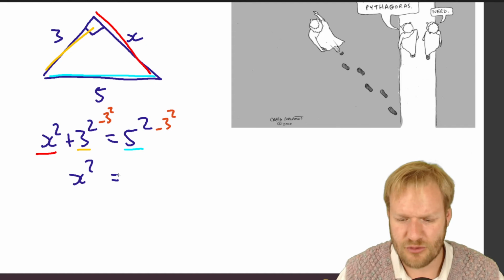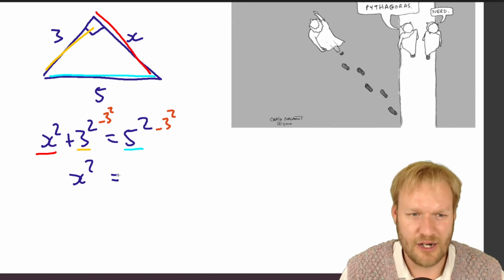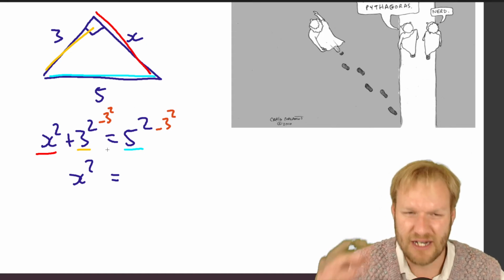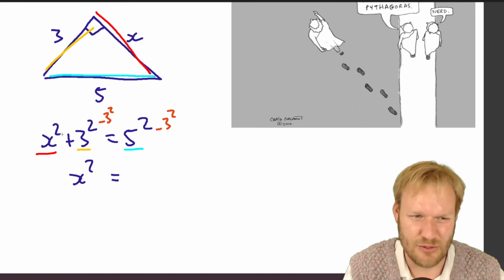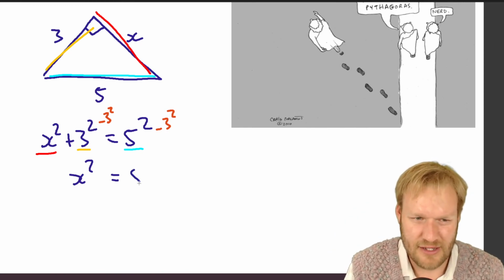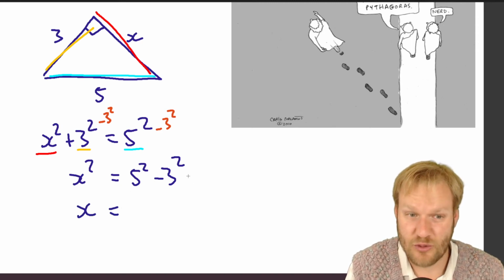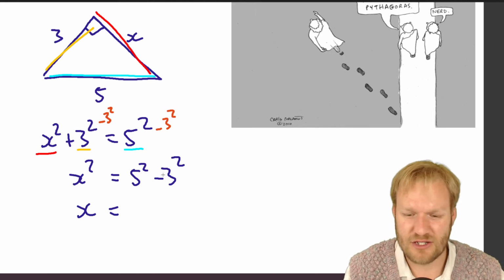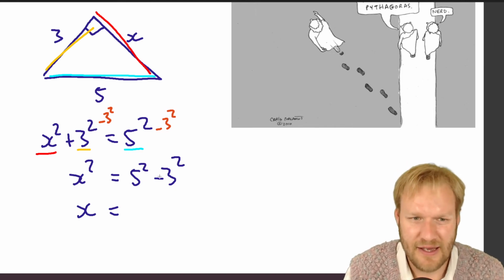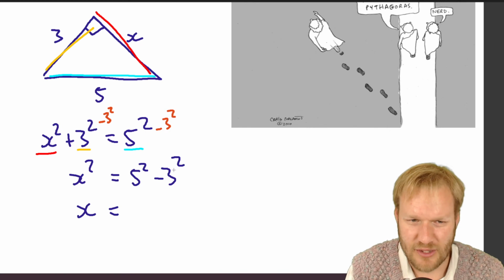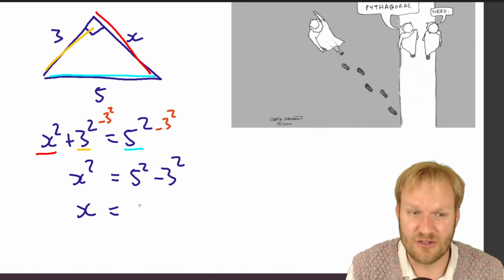As we're doing this, we're also going to work on how we write this efficiently and logically so it's quite clear what we're doing. So x squared is clearly 5 squared, and we've subtracted 3 squared from each side. So x is the square root of 5 squared minus 3 squared into the calculator, and it's going to come out as 25 minus 9 is 16, the square root of 16, which is 4.